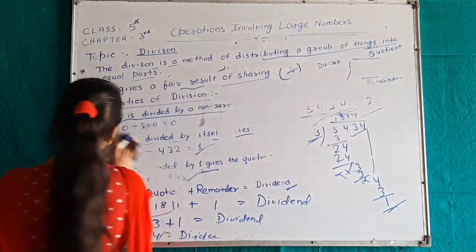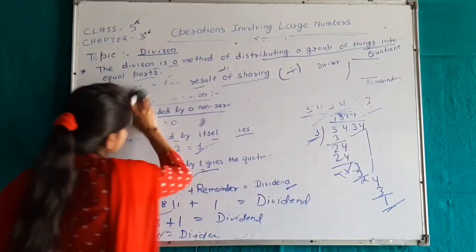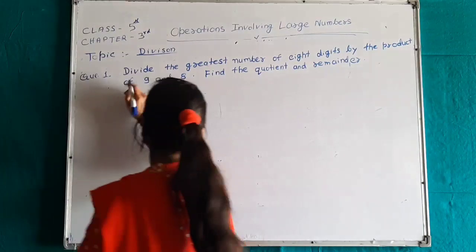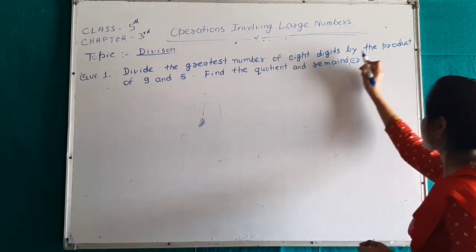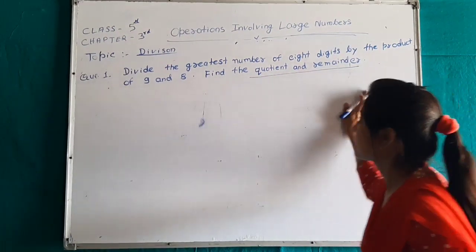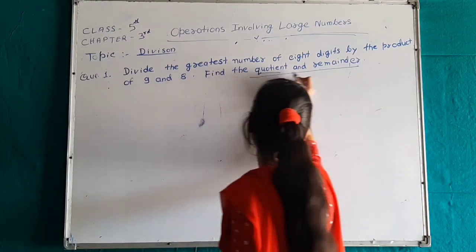Let's see a brainstorming question of division. The question: divide the greatest number of 8 digits by the product of 9 and 8. Find the quotient and remainder. We have to find out the quotient and remainder.